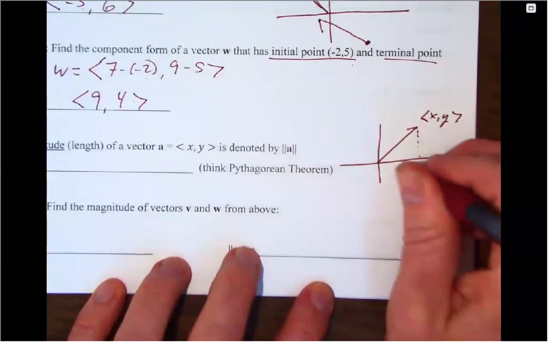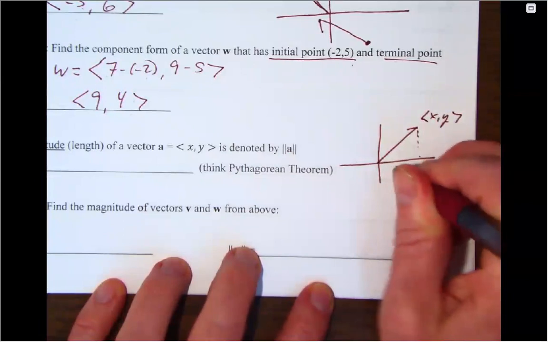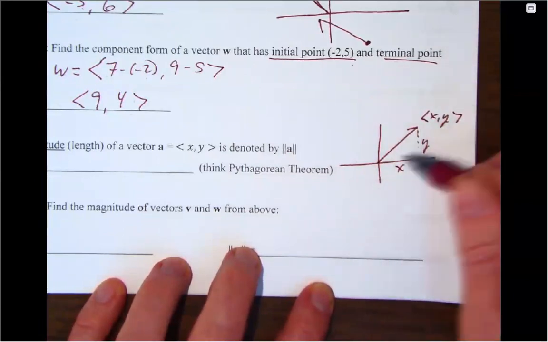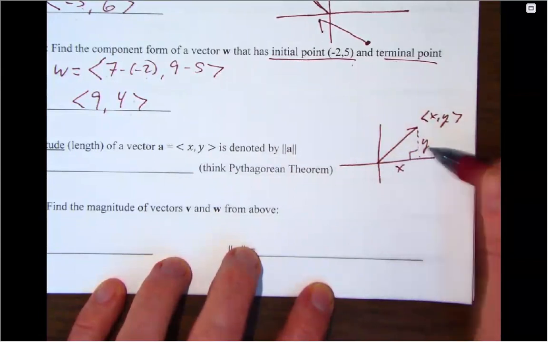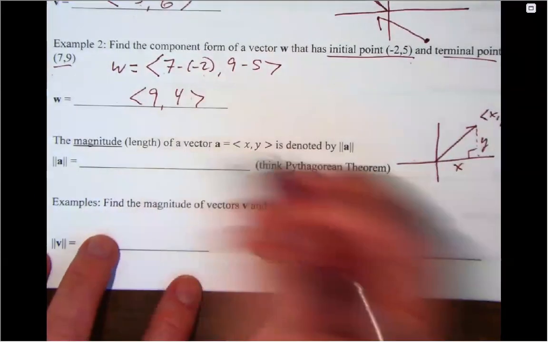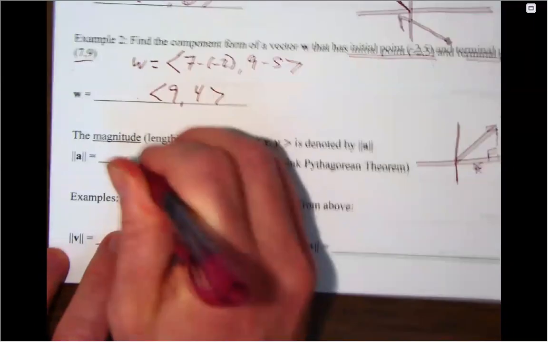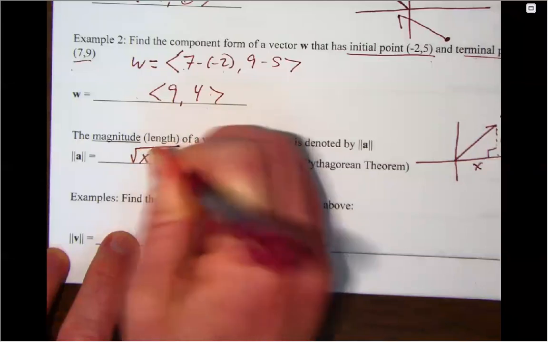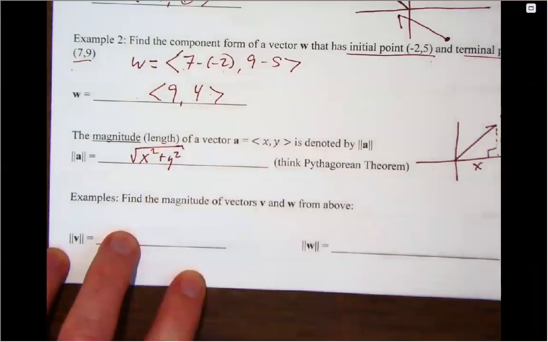So that means my horizontal component, we talked about that a second ago, my horizontal component is x, my vertical component is y. So we can just use the Pythagorean theorem to find the magnitude. So magnitude is just the length of that vector. How far is it? So the formula you're going to use to find the magnitude every single time is the square root of x squared plus y squared. That's it, every time.